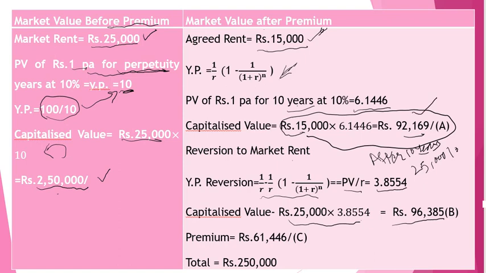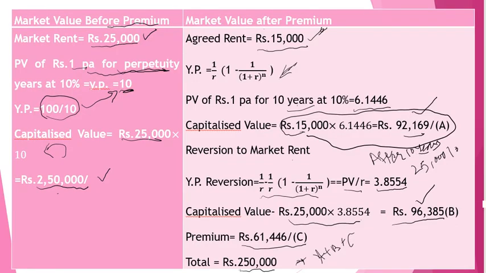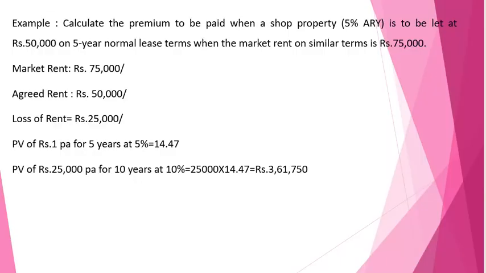This is the capitalized value after 10 years, and this is the premium paid. So total, if you add all three, A plus B plus C, that is also equal to 2,50,000. So this is how this premium works.